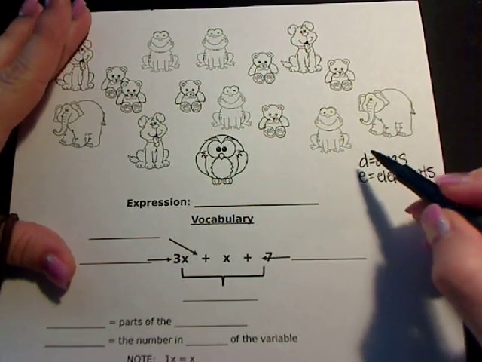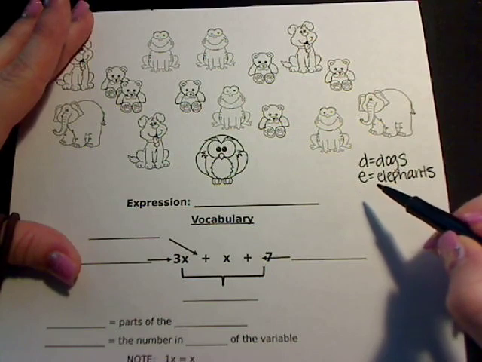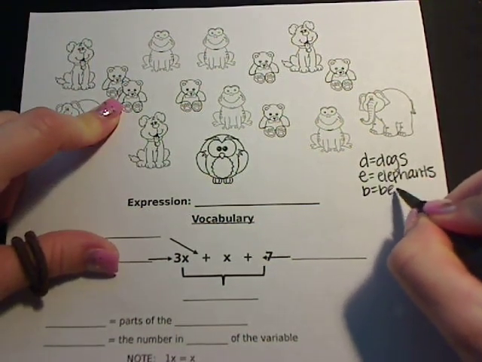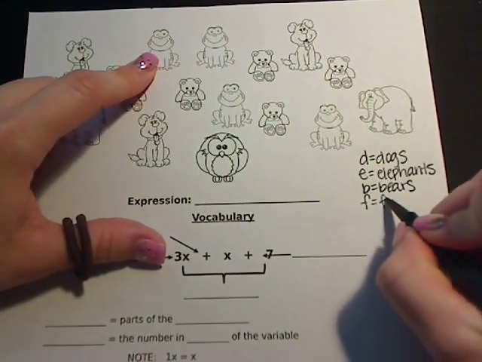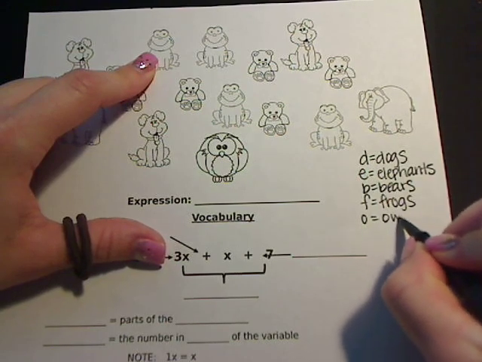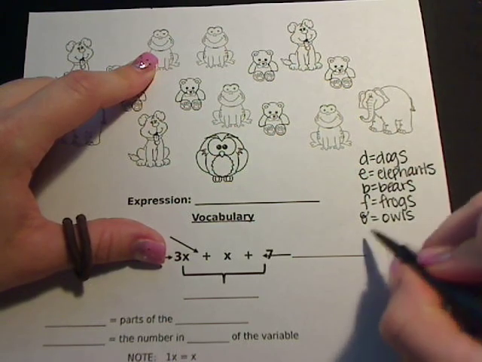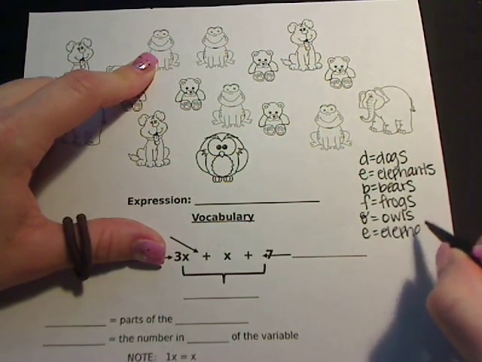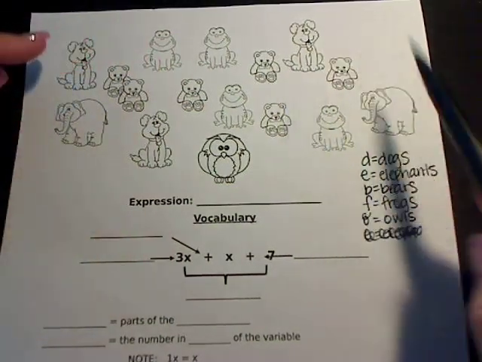We like to assign words variables so that we can write it in the simplest way possible. B is going to be bears. F is going to be frogs. O can be owls, like a cursive O. Oops, I already did elephants. So let's see, 1, 2, 3, 4, 5.